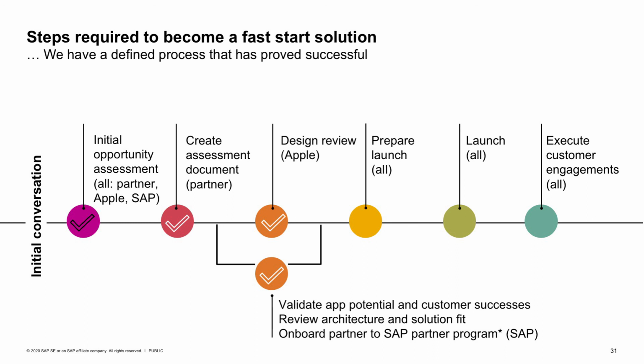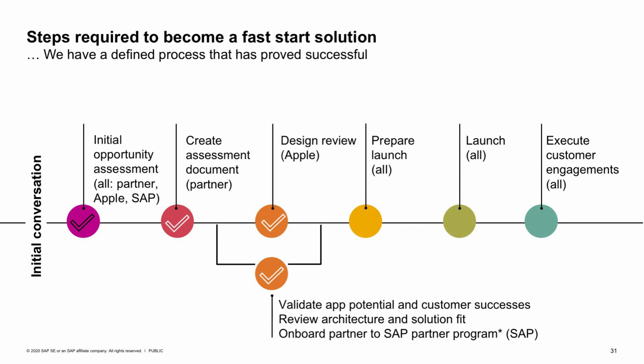And we have a standard flow for this. I think the program is, let's say, 18 months to 2 years old at this point, and we're transitioning into phase 2 of that. We have this pipeline whereby the opportunities are assessed and reviewed with SAP for analysis with respect to their own portfolio and Apple's go-to-market initiatives. We develop the proposal, and the proposal goes through design reviews with SAP and Apple.